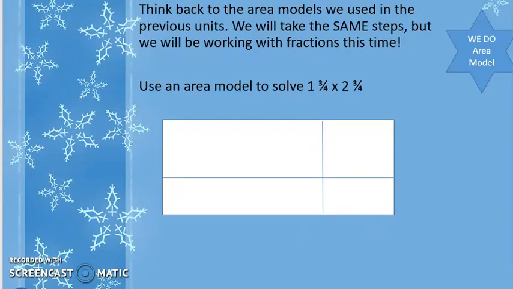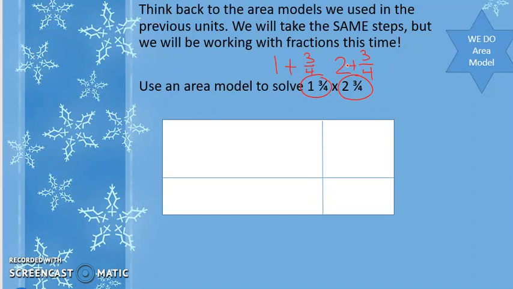So our 1 3/4 is going to be written as 1 plus 3/4, and our 2 3/4 is going to be written as 2 plus 3/4, excuse me.